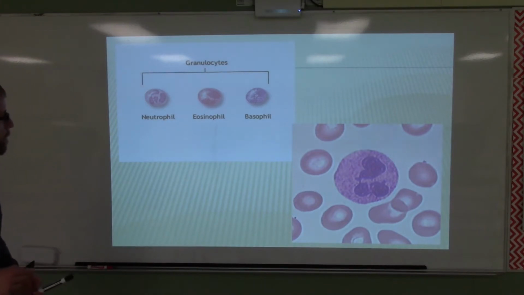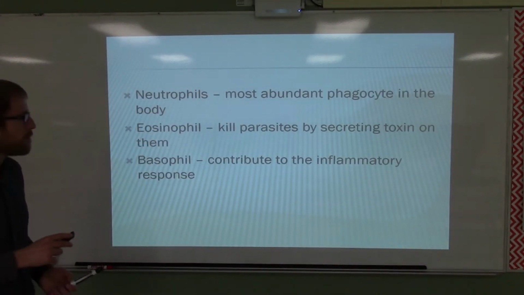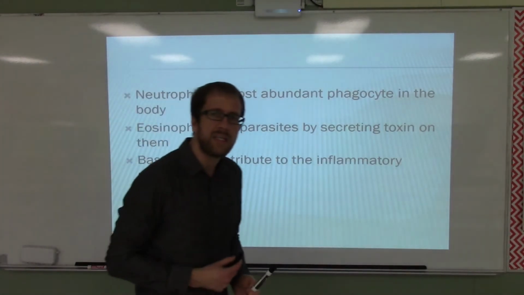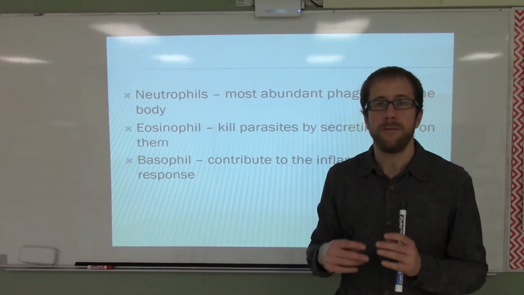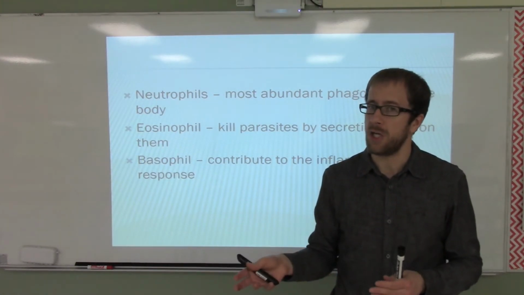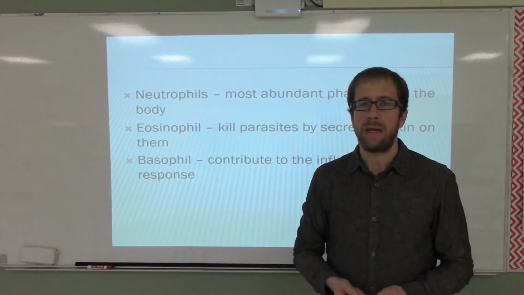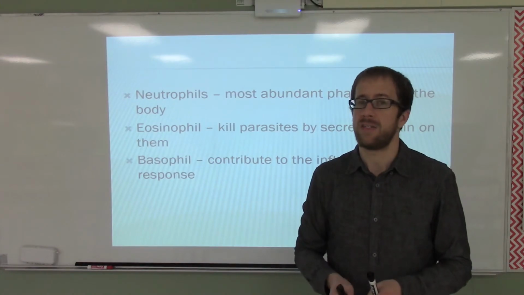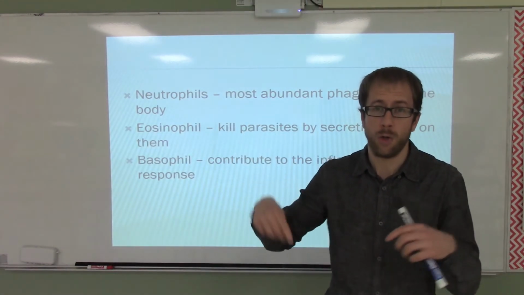So, neutrophils. They're the most abundant phagocyte in your body. This is a massive army of phagocytes that when they're called to action, let's say, I step on a rusty nail, there's going to be inflammatory messengers that are sent out. There's going to be pretty much a big chemical signal that says, we need your help.